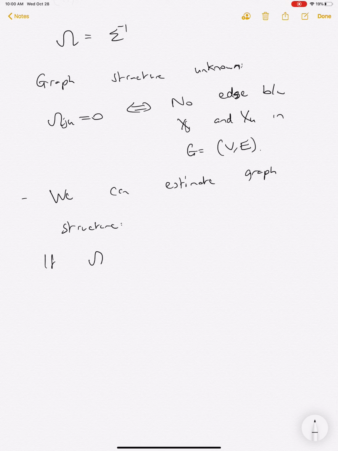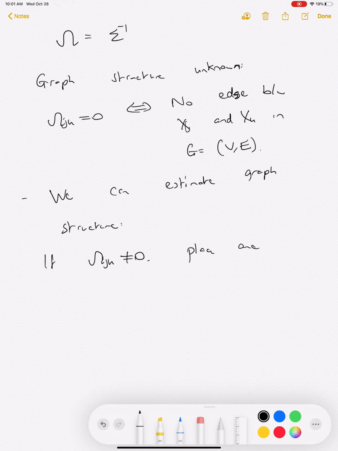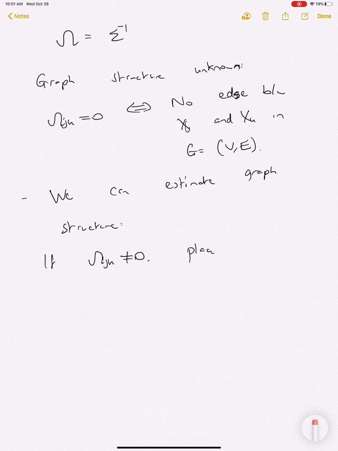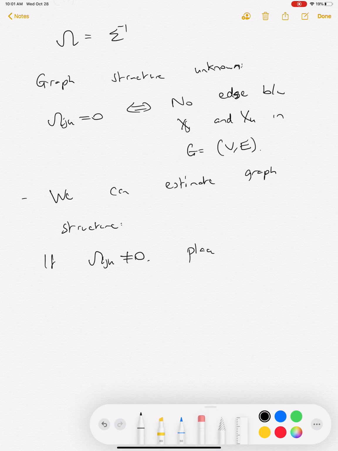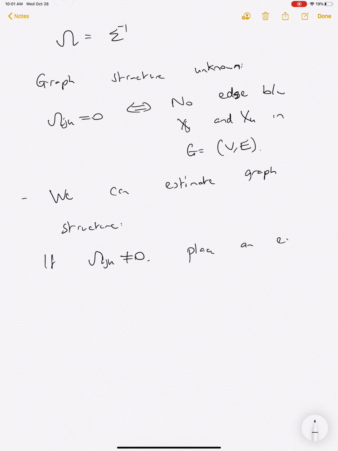If omega jk is not 0, then place an edge between xj and xk.